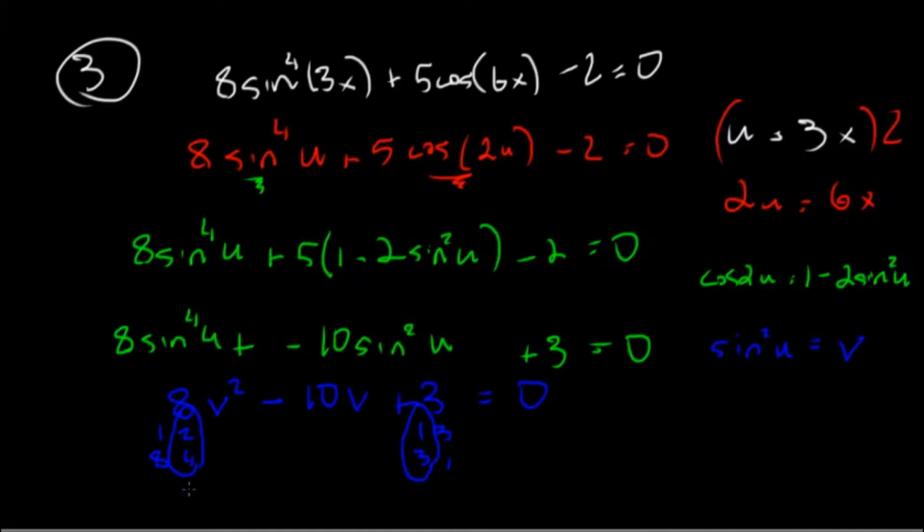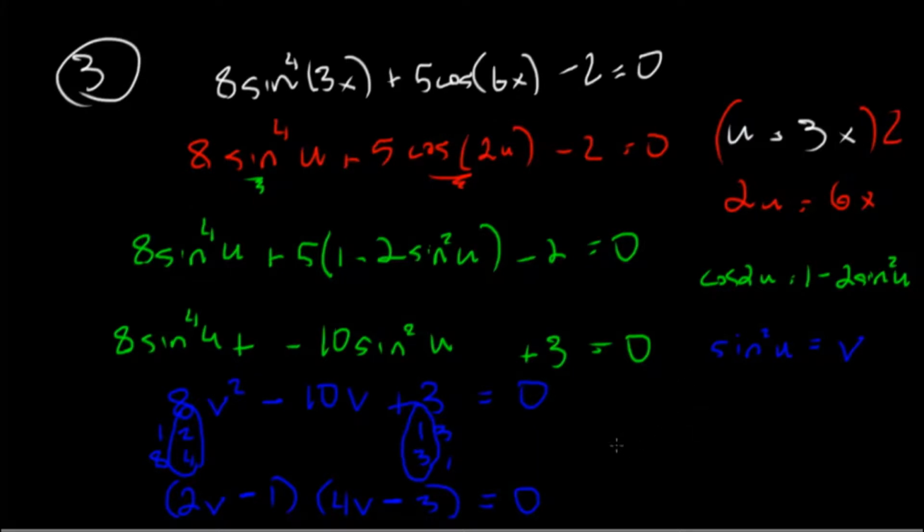So let's see, we got 2v, we got 4v, and then we got 2, the 1 goes with the 2, and the 3 goes with the 4, and then all we got to do is figure out our sign. So because this is a plus, it's either minus and minus, or plus and plus, but because that's a minus, it's going to be a minus and a minus. So there is our factored quadratic.